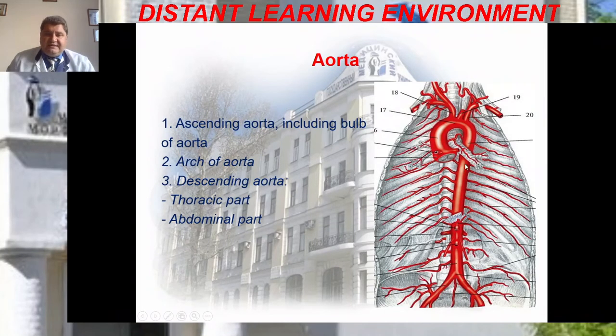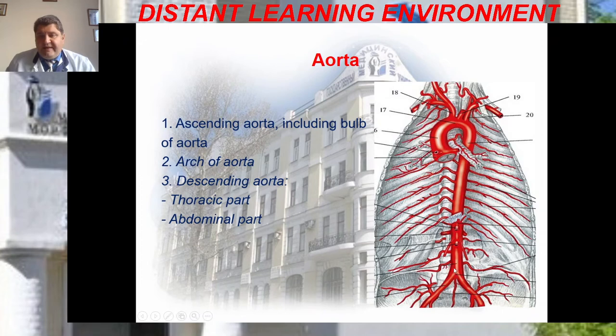Aorta starts in left ventricle of heart, and you may see the parts of aorta. First part is ascending aorta, second part is arch of aorta, and third part is descending aorta, which divides with diaphragm in two parts, thoracic aorta and abdominal aorta.